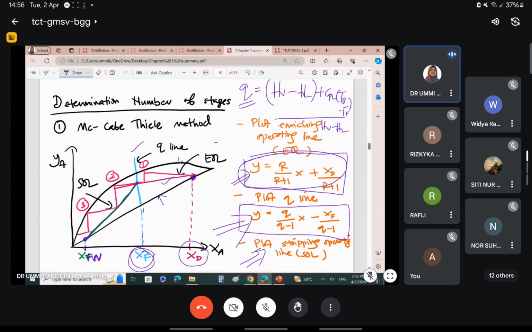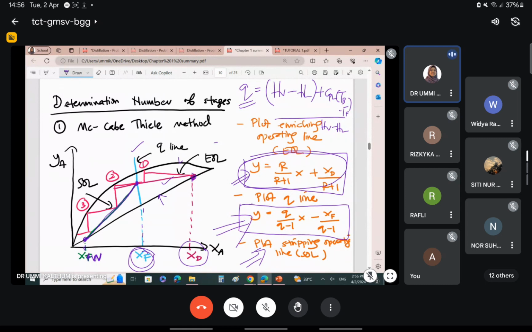Make a straight line from the intersection between Q line and enriching line until XW. So dah dapat 3 line. Mesti dapat 3 line: enriching operating line, Q line and stripping operating line. Dah dapat 3 ni baru boleh determine the stages.